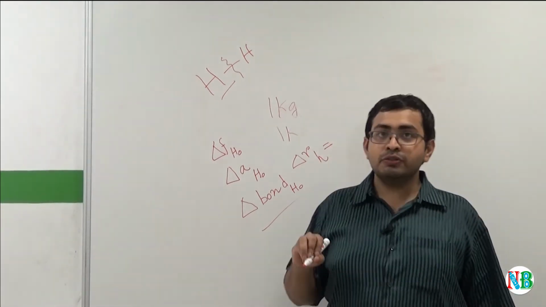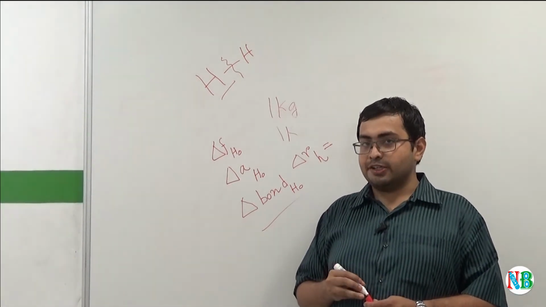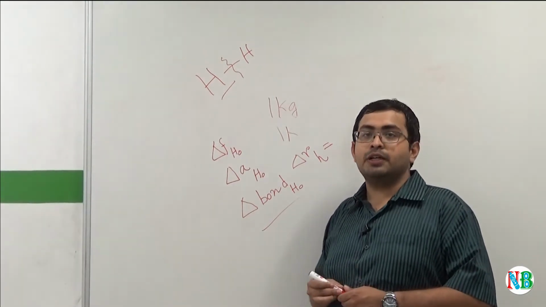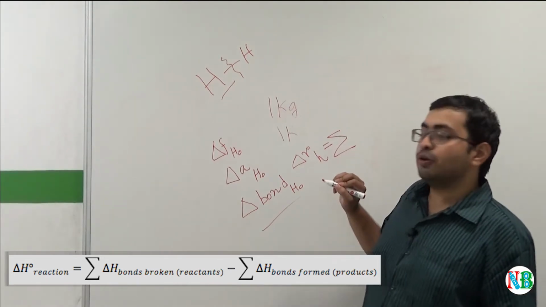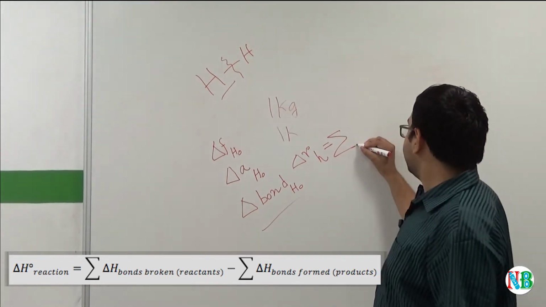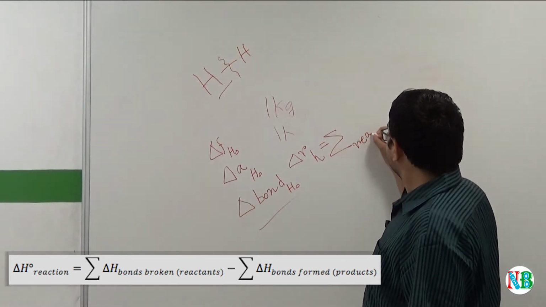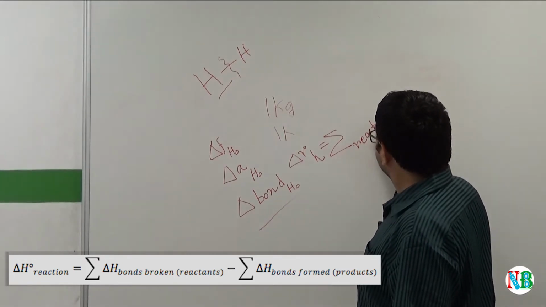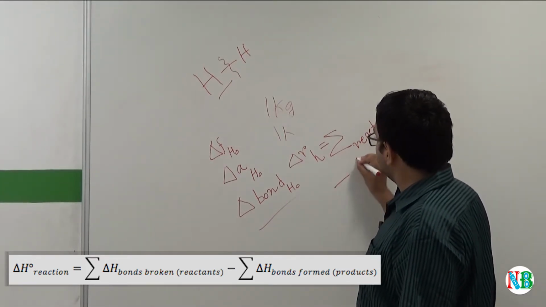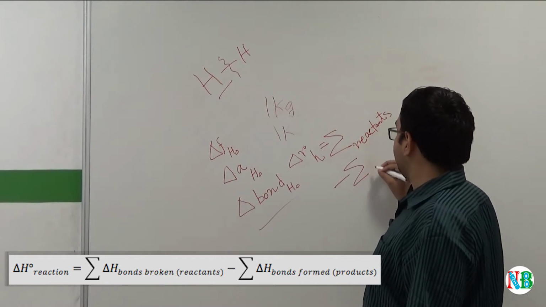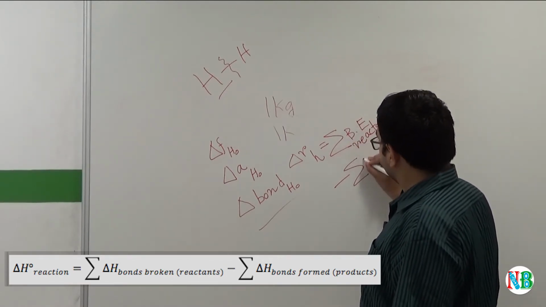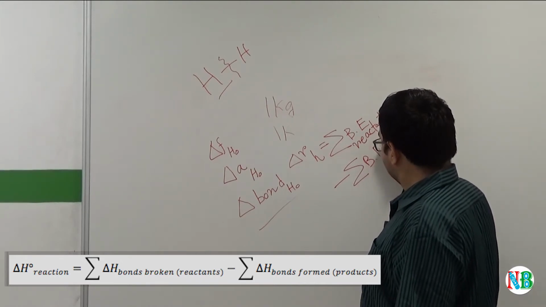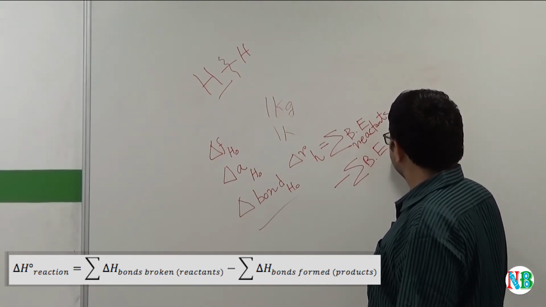It is equal to the summation of the bond enthalpy of the reactants minus the summation of the bond enthalpy of the products.